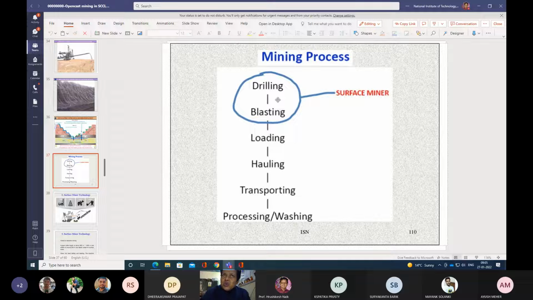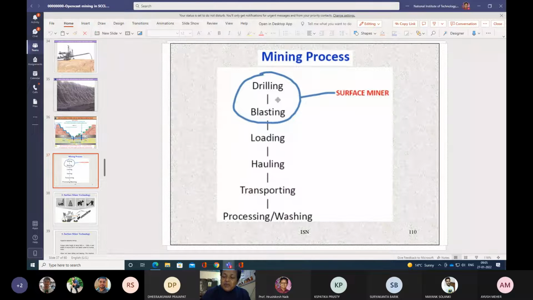And we have just now said that the drilling generates a lot of dust, blasting also generates a lot of dust. So to take care of the environmental problems because of the dust, surface miner can be used so that the drilling and blasting phase can be totally eliminated from the mines.